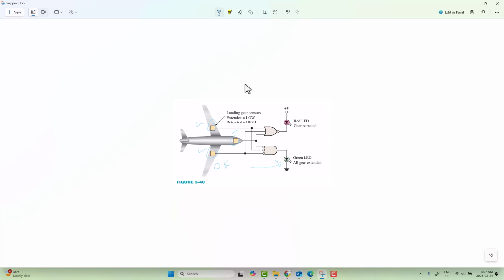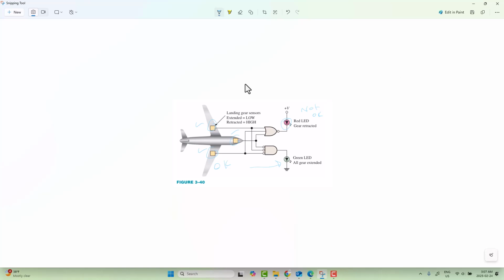If any one or two of these is not functioning, then we should have a red light, giving us a warning that things are not okay. And for this design, we're going to be using a NOR gate.